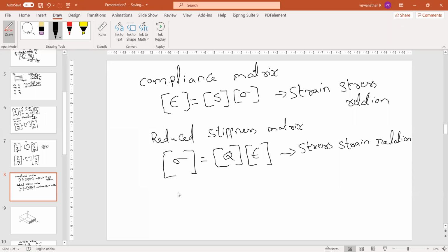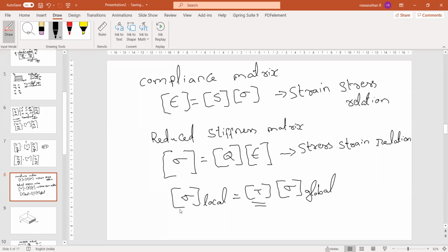And then what happened? This transformation matrix relates the local stress with the global stress. So what does the transformation matrix do? It keeps the same thing on both sides.